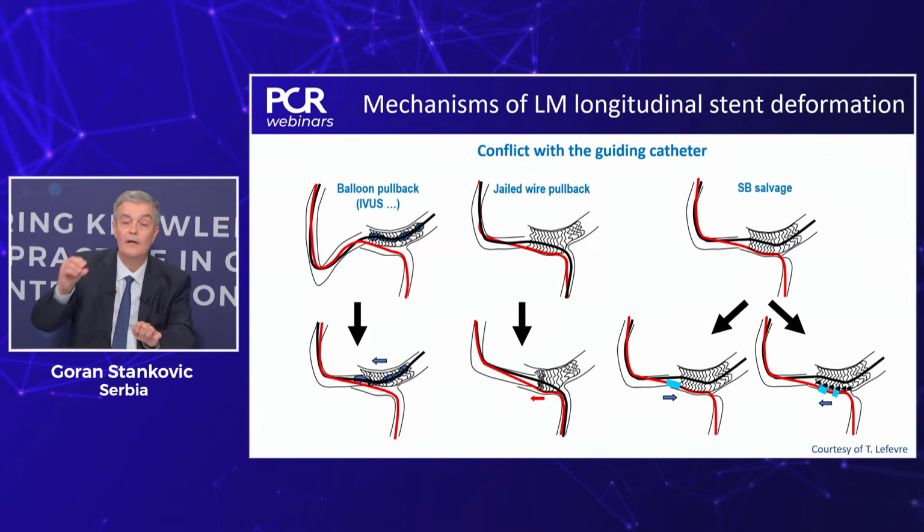Don't pull, be very gentle, pull it very slowly, and with the new generation of guide wires, you will not have a problem disengaging the majority of wires. So this is one part of the reasons for longitudinal deformation.